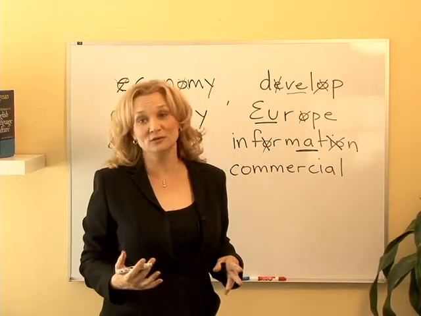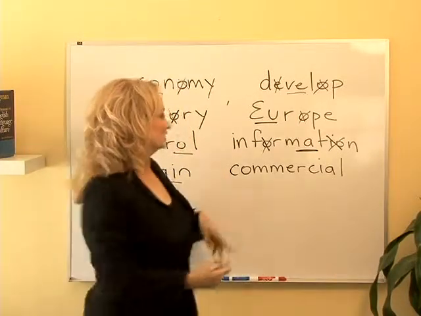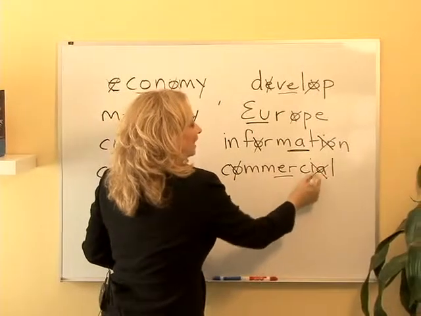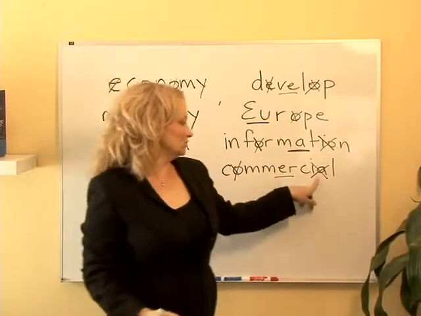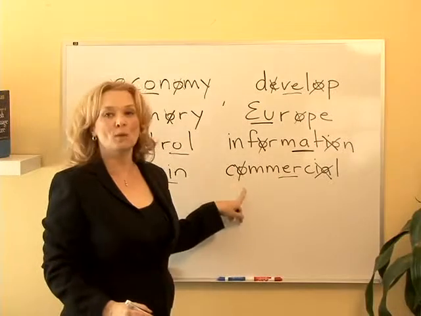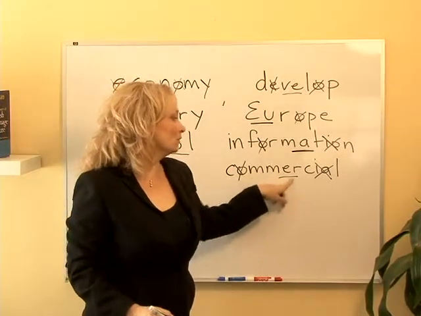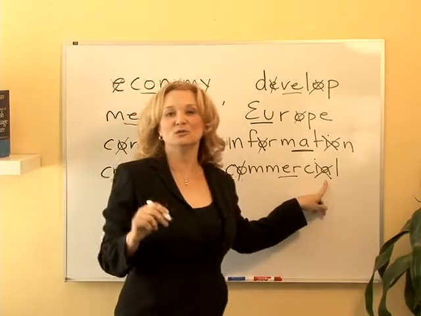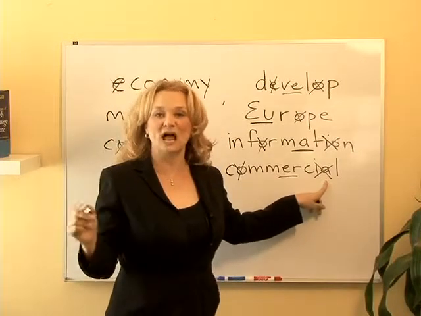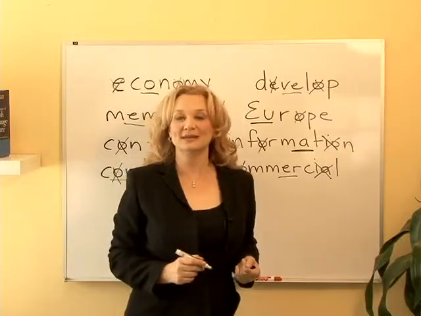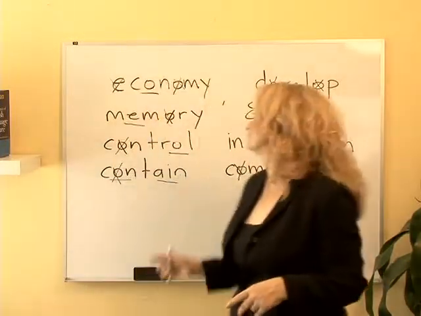And the final word, once again, the second syllable is stressed. The O and the IA are both reduced. So it's not com or calm, it's come, come. Commercial. Don't say commercial or commercial. It's O. Commercial. All right, let's practice these words again really quickly.